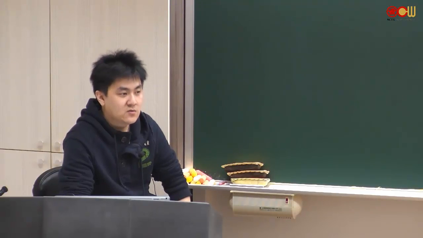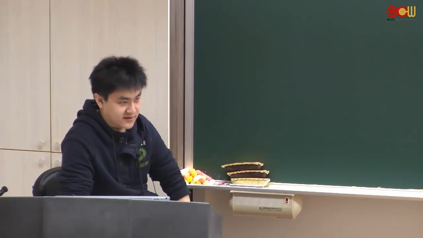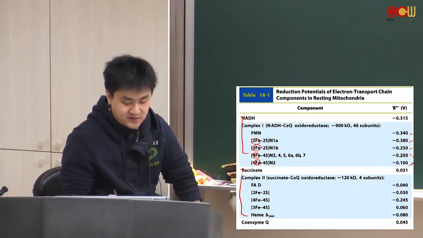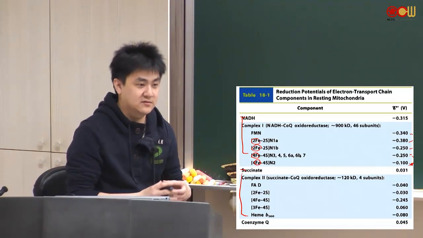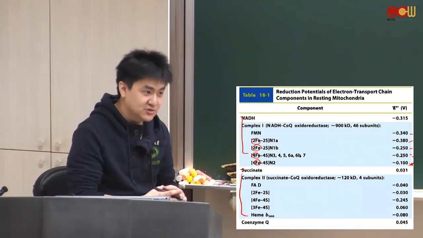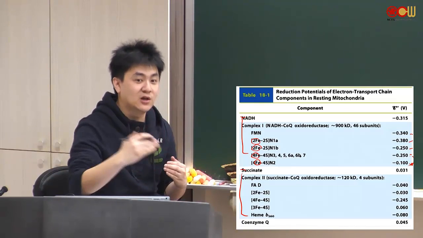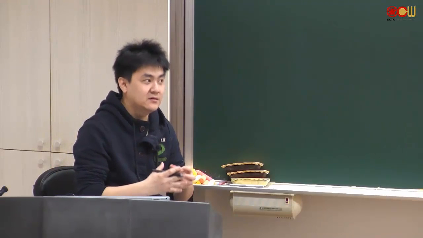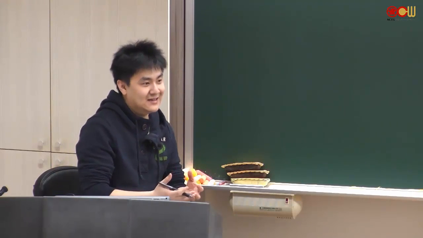And what you should notice is that each subsequent standard reduction potential is becoming a larger number, which indicates that it likes to be reduced. It's more oxidized. Does that make sense?